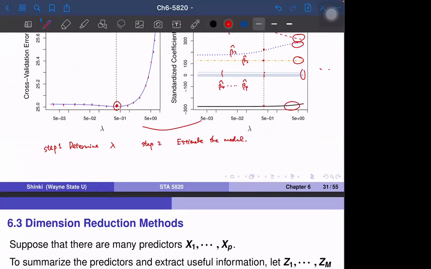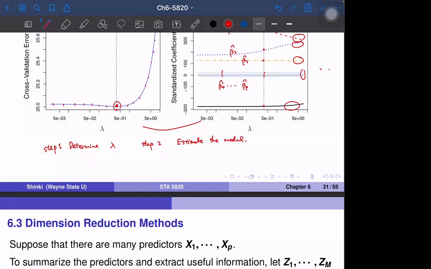In the old days, people were not really data oriented. When I studied ridge regression for the first time in econometrics, they had some pre-specified lambda: if the data is monthly, lambda should be this, or if the data is annual, lambda should be this.